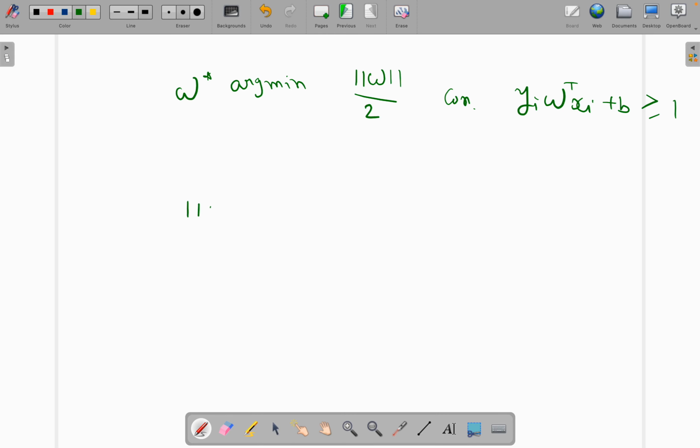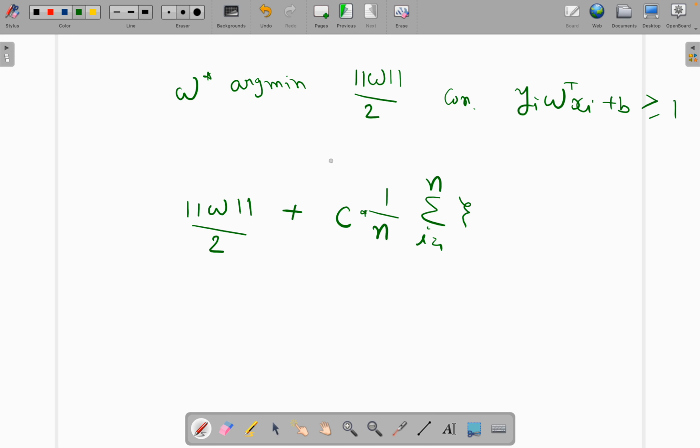Let's say I am writing a new equation here. We are minimizing plus C times 1 by n, sigma i equals 1 to n, eta i. So what is eta here?